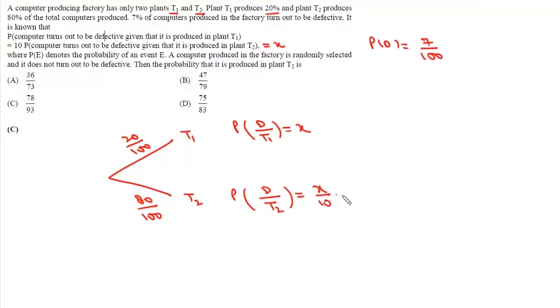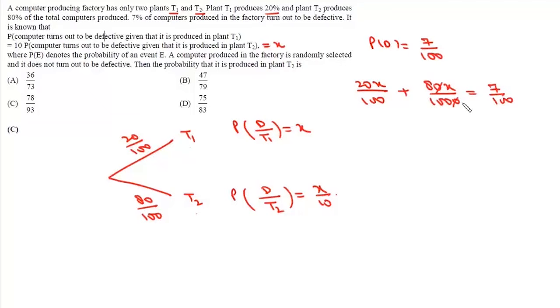From this given information, first we'll find the value of x. The probability of getting a defective will be either we get defective from T1 or from T2. So it will be 20x by 100 plus 80x by 1000, and this will be equal to 7 by 100.